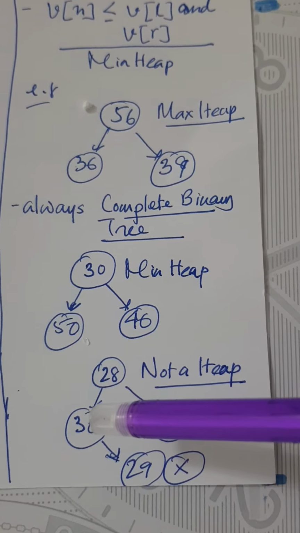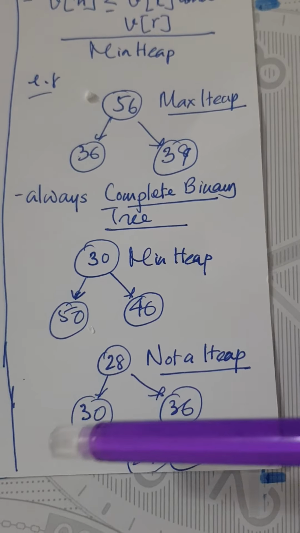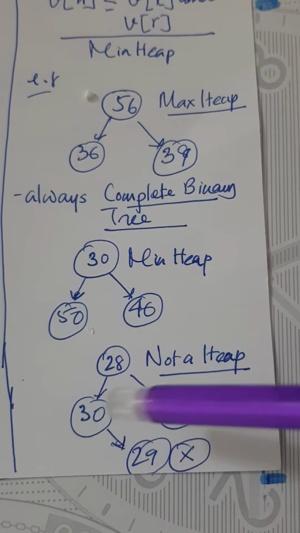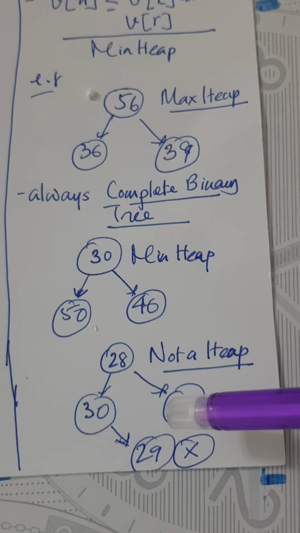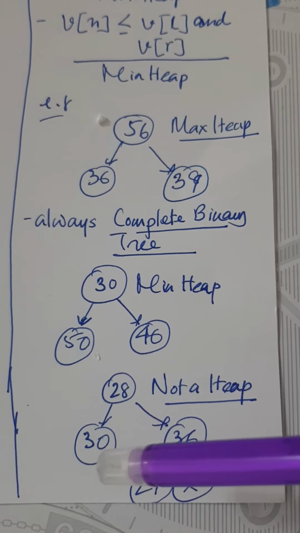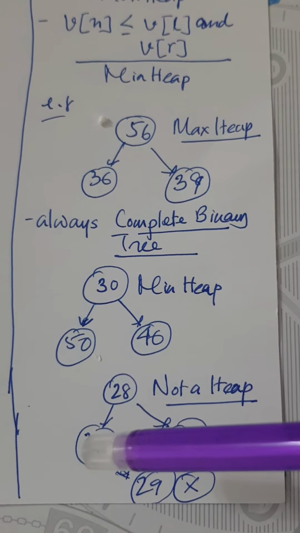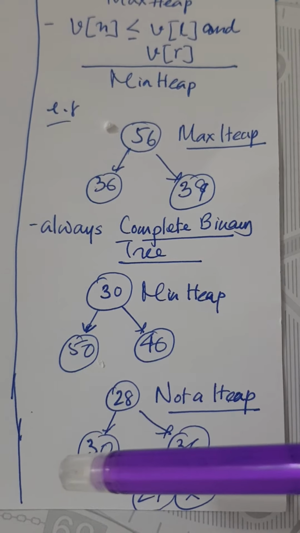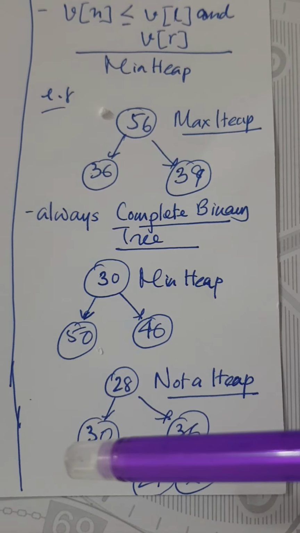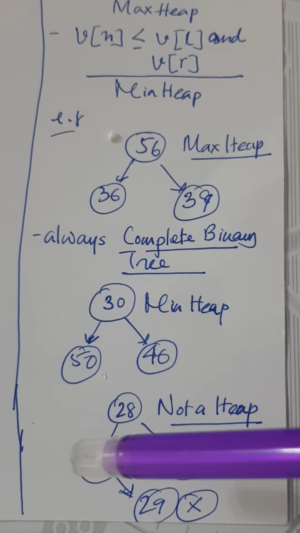The left and the right are okay. But it must be a complete binary tree, and here the left is missing. On the right you have some value 29, but it is completely invalid. Why? Because this is a binary tree, but it is not a heap. Why? Because it is not a complete binary tree. Complete binary tree means the left must have a value.